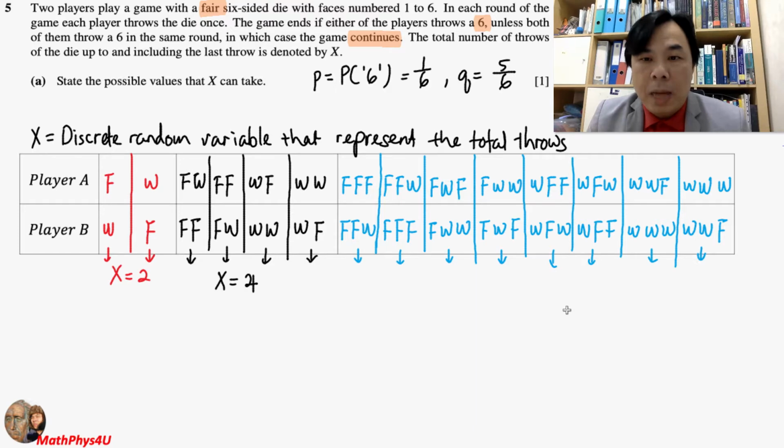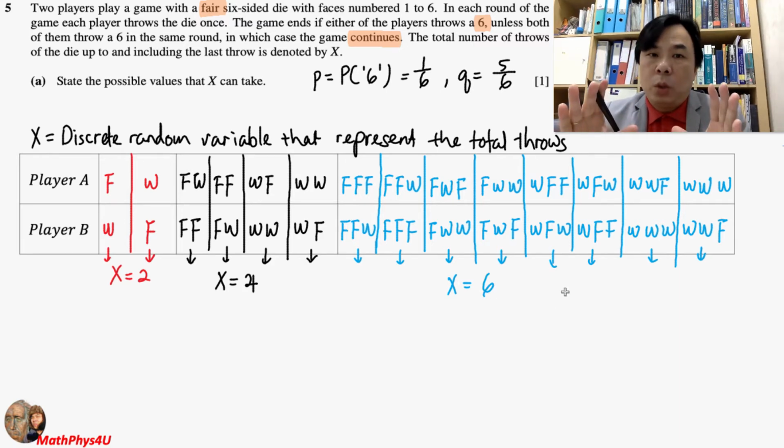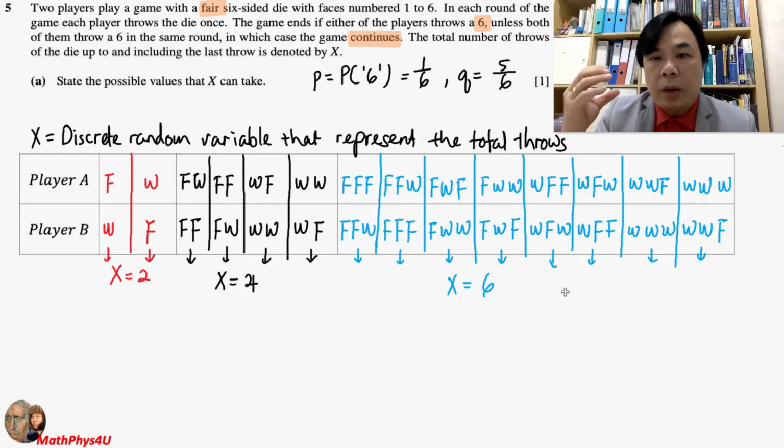Right? Now you can see that the last section here all represent the total number of throws that is equal to 6. So therefore, I'm going to label this as having a random variable with a discrete value of 6 here, which represents the total number of throws equal to 6 to ensure we have a winner.